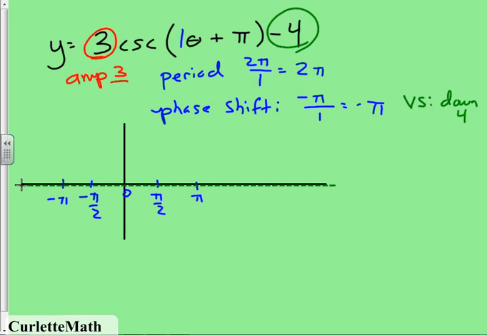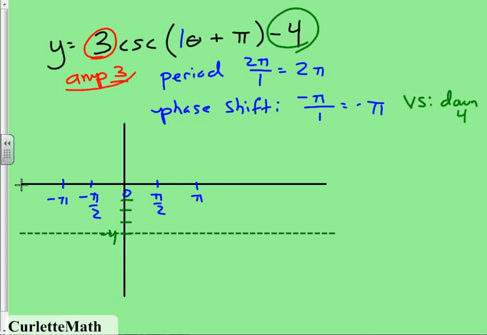It tells me that I got to go down 1, 2, 3, 4, so negative 4. So my midline is going to go down to negative 4. Now, my amplitude says I need to go up 3, down 3, up 1, 2, 3 to negative 1, down 1, 2, 3 to negative 7, and that gives me my top amplitude, my bottom amplitude, and my midline.